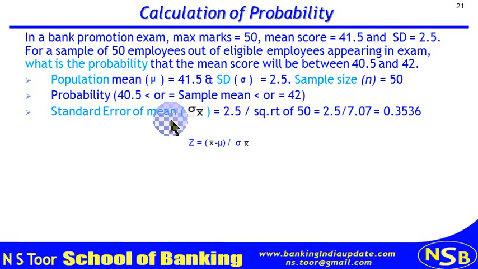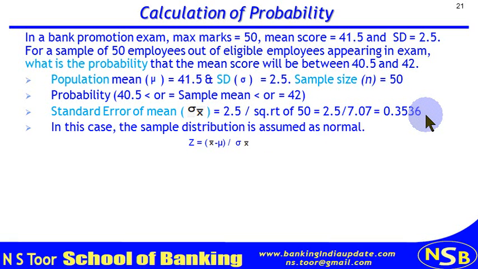Standard error of mean is calculated as standard deviation divided by square root of sample size. So size is 50, standard deviation is 2.5, square root of 50 is 7.07. So this is the standard error of the mean.